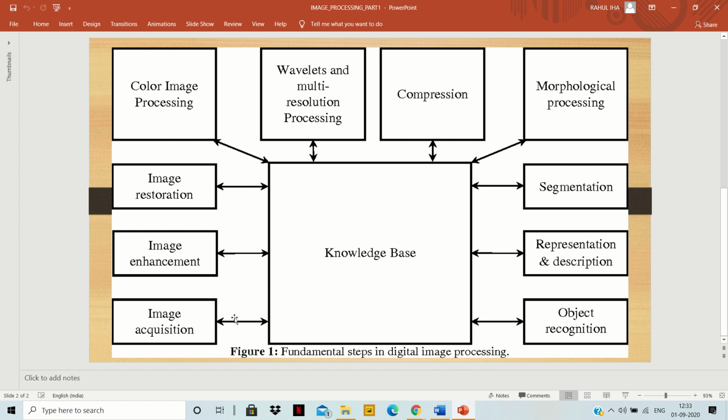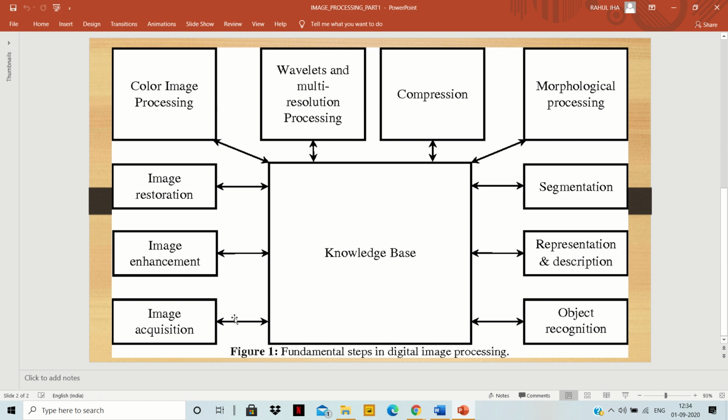Second is image enhancement, then image restoration, color image processing, then wavelets and multi-resolution processing, compression, morphological processing, segmentation, representation and description, and object recognition. We have to learn these steps because they can ask us which process comes after image restoration or which process comes after compression.